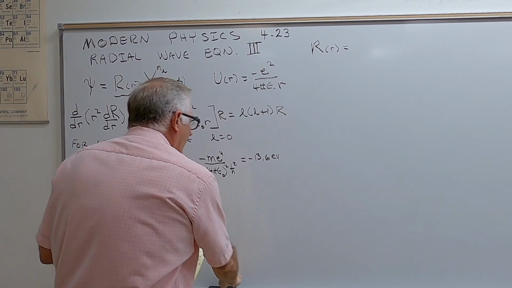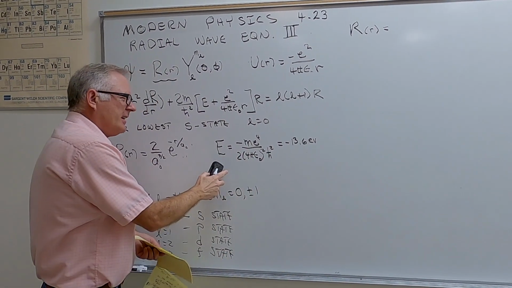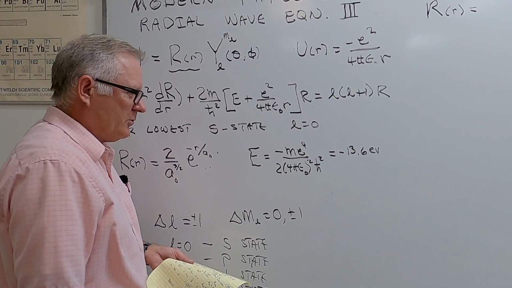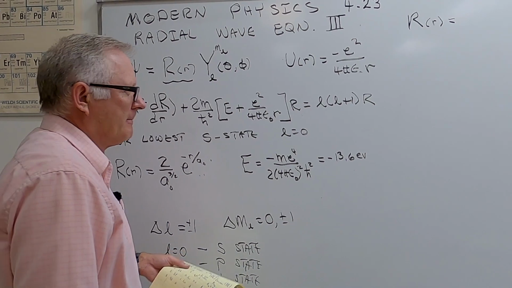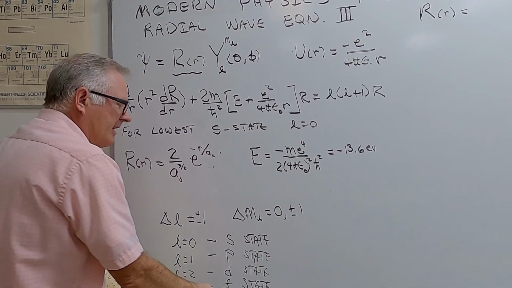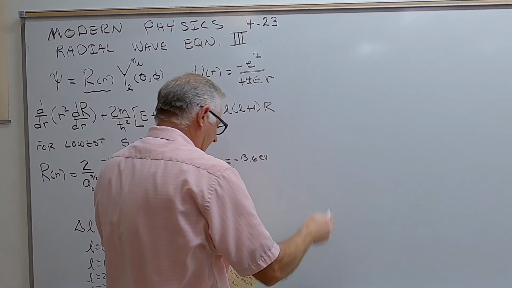Actually, before I get the R, let me look at the energies. What about the other energies? Energy is going to depend on some radial quantum number, which we could call n sub r, and it's going to depend on L, because L is in this equation, the other quantum number. So before I get the radial, we'll get the energy.